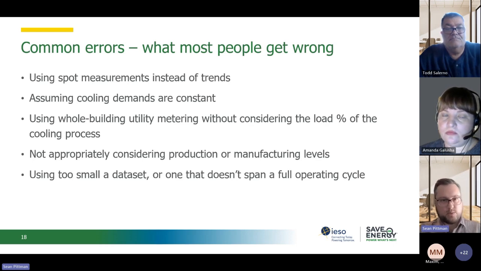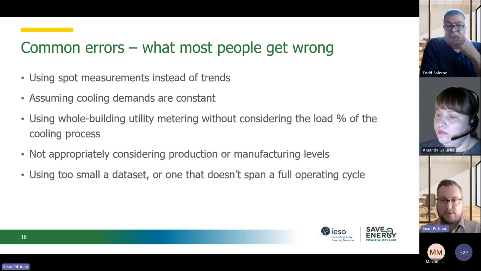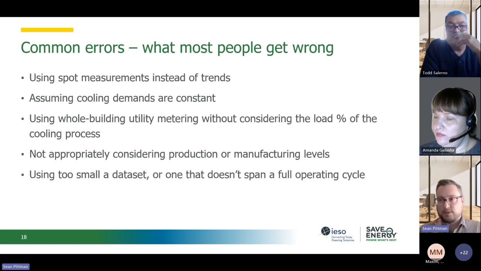I think IPMVP says 20%, and even then, it's not that discernible. Sometimes we've seen people try 10% and say that's significant enough to see the variation, but it's tough. So, not appropriately considering production and manufacturing levels, or again, using too small a data set or one that doesn't span a full operating cycle.